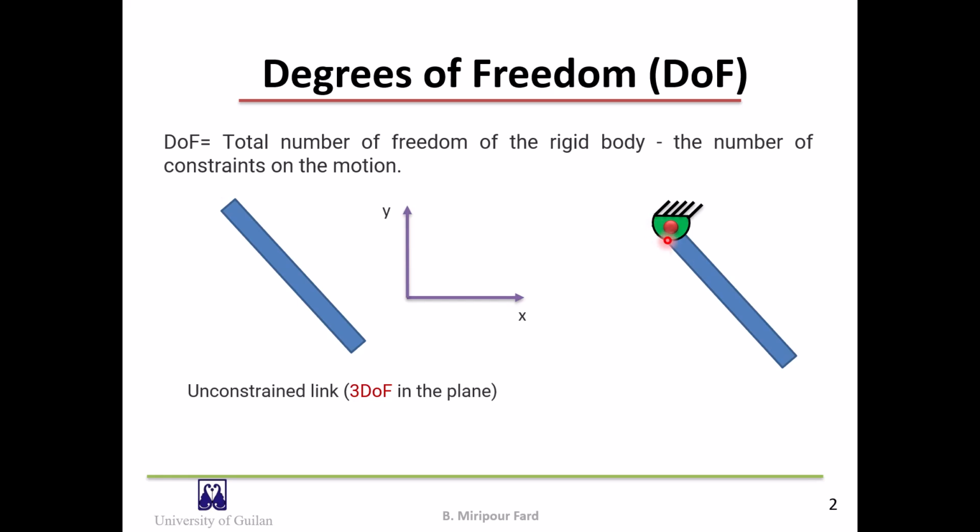So this is a geometric and permanent constraint. And as you can see, we can write this constraint as x equals 0 and y equals 0.